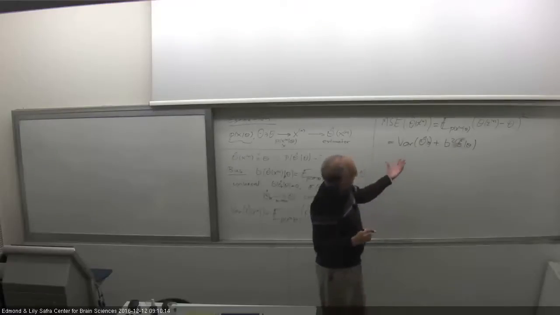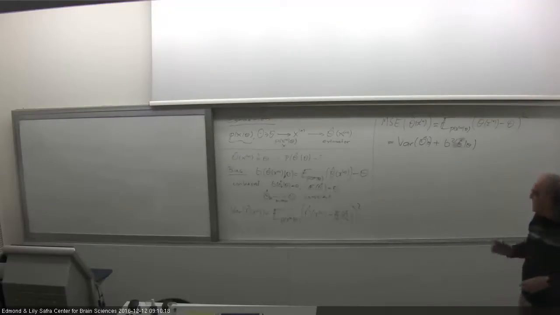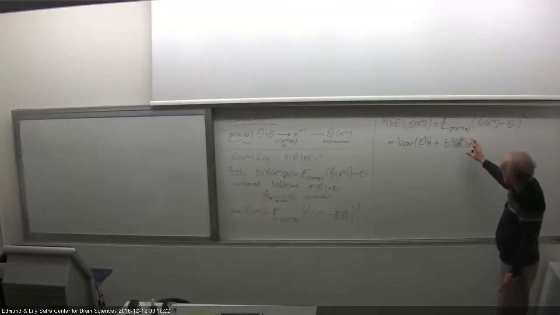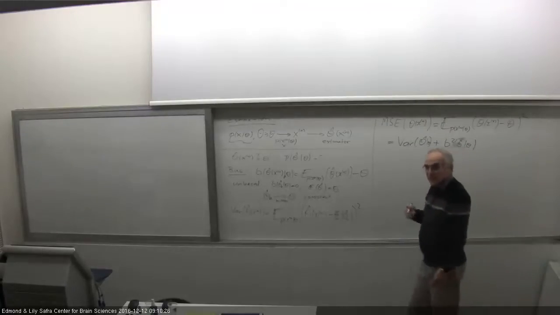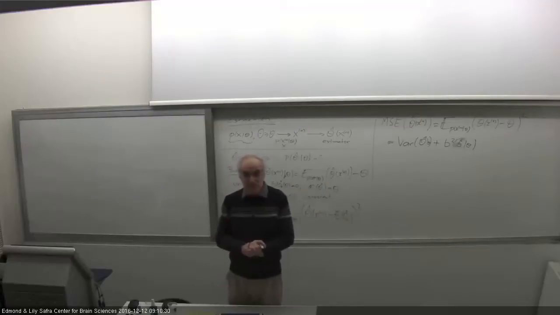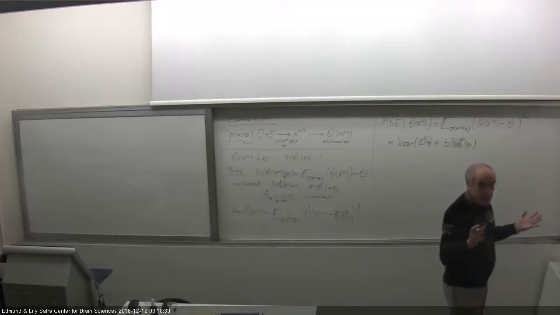So we see that, in fact, in order to reduce the MSE, we may want to reduce the bias, but if reducing the bias is actually costing us too much in terms of the variance, this may not be a good idea. Indeed, very often in today's big models, they're all biased.